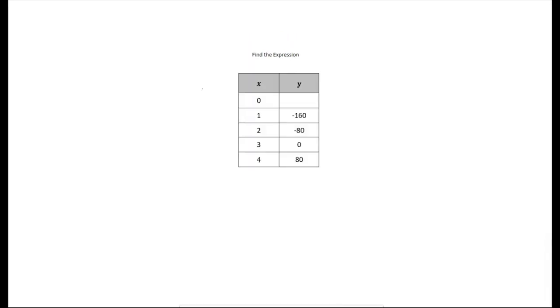For this next chart, we again don't have a value of y at x equal to 0, so we'll apply a similar tactic. x is increasing by 1 each step. Starting from x equals 1, y is increasing from negative 160 to negative 80, which is a step change of positive 80. Minus 160 plus 80 is equal to minus 80. From minus 80 to 0, minus 80 plus 80 is equal to 0.